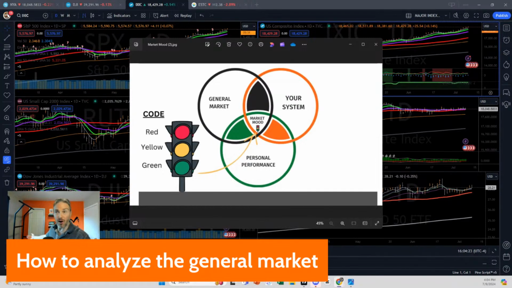As you get into your car to go there, is it a nice sunny day? Is it raining cats and dogs out there? All of that is the general market. So when I go into stocks, the thing that's going to tell me if it's raining outside or if we're in the middle of a hailstorm or if it's a nice sunny day, good for a drive, is taking a look at the following.